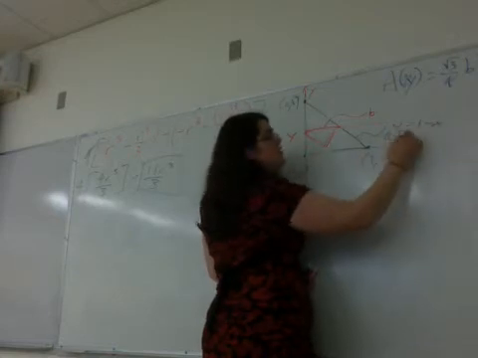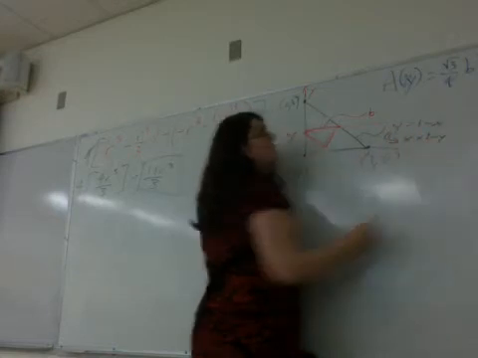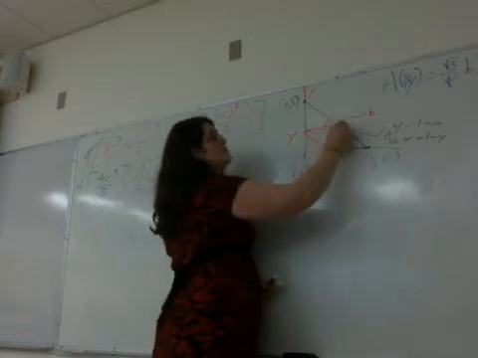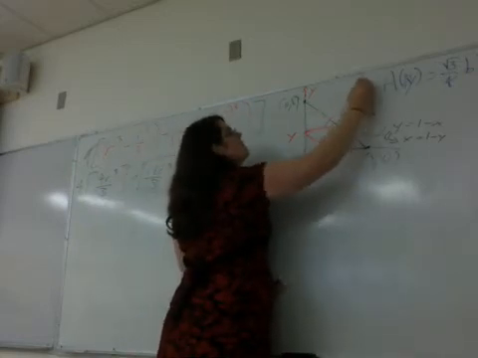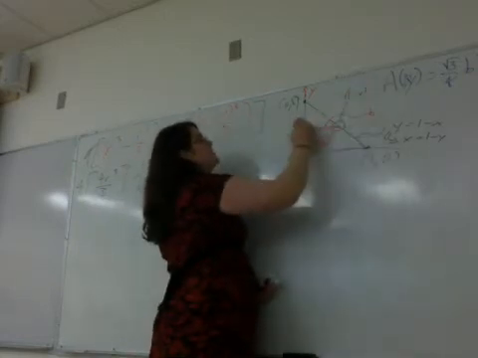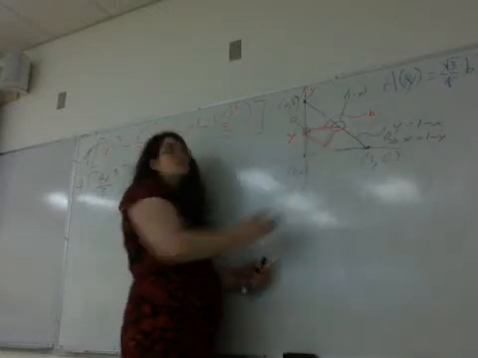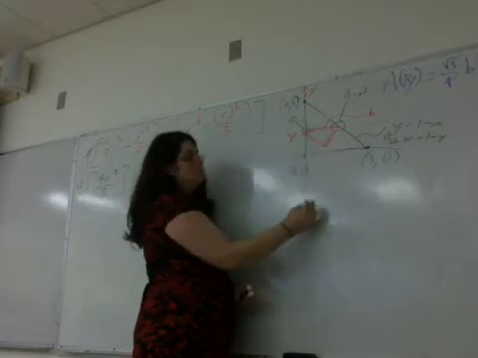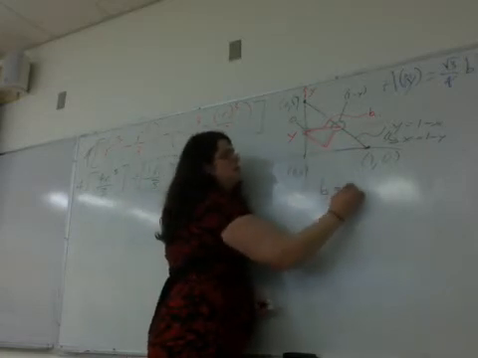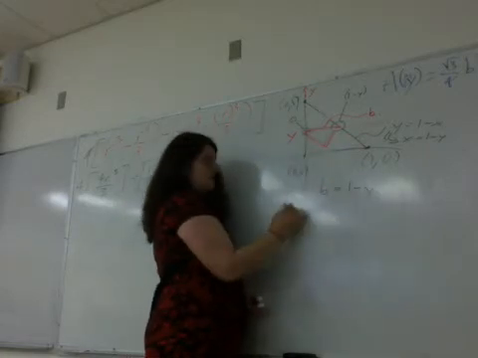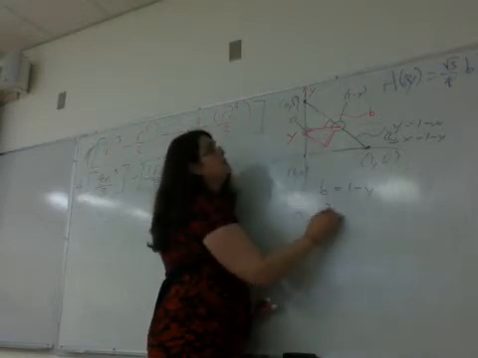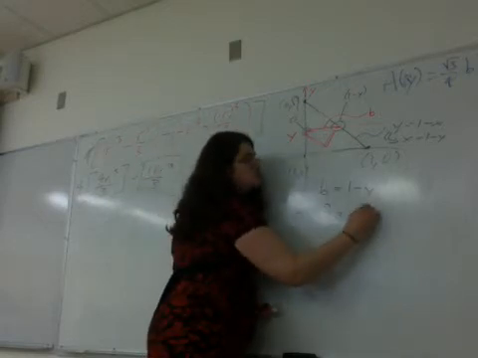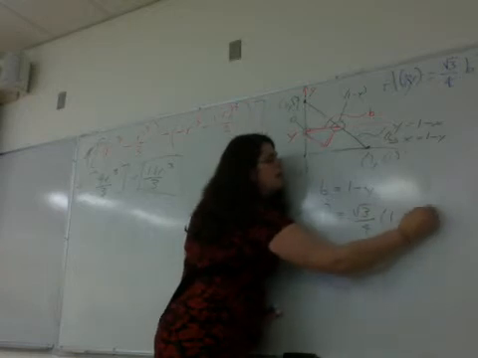Move the x to the other side, y to the other side, it becomes x is 1 minus y. So this x-coordinate is 1 minus y. This x-coordinate is 0. So to measure this distance, I take 1 minus y minus 0. So the b here is 1 minus y. So the area is going to be square root 3 over 4 times (1 minus y) squared.